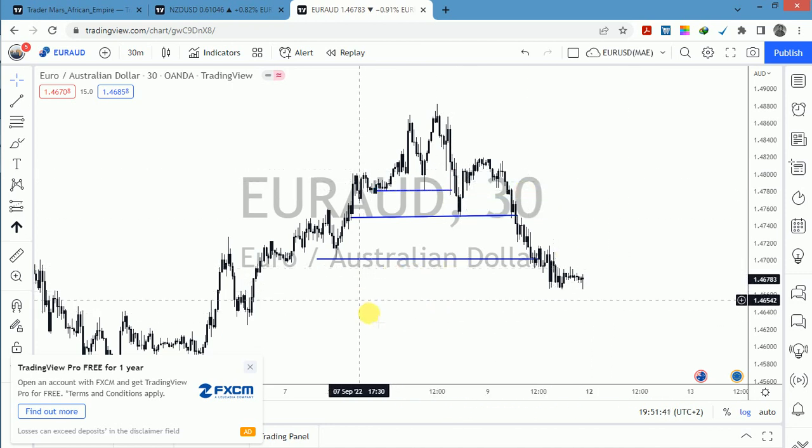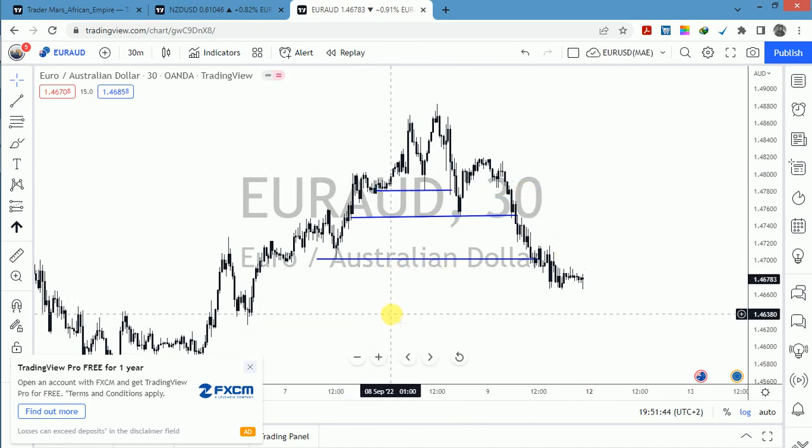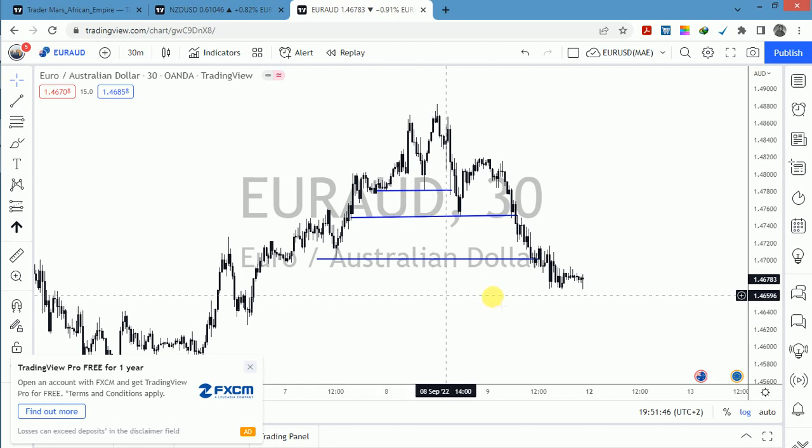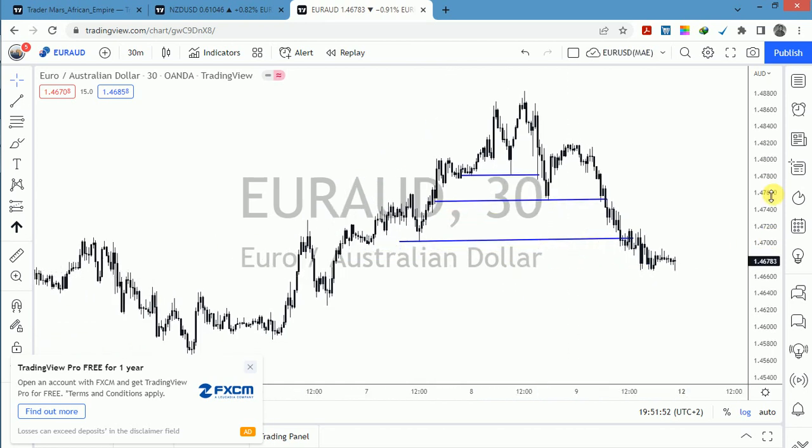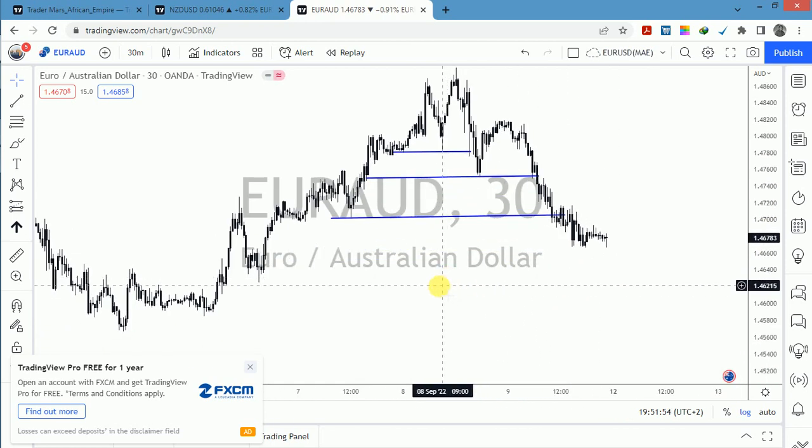We have a double break of structure. I mean a double change of character, pardon me, a double change of character. So there is a zone, a nice zone there.